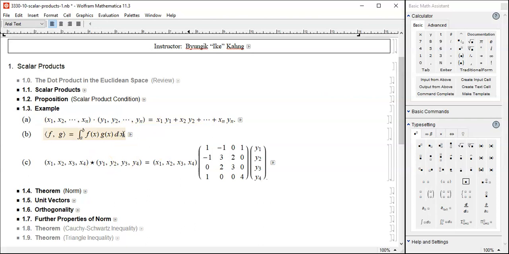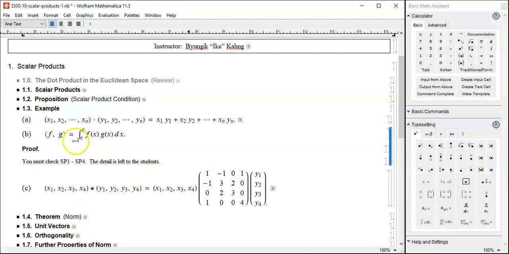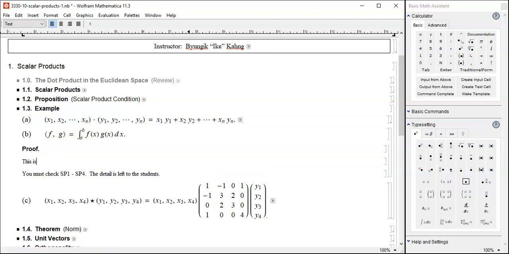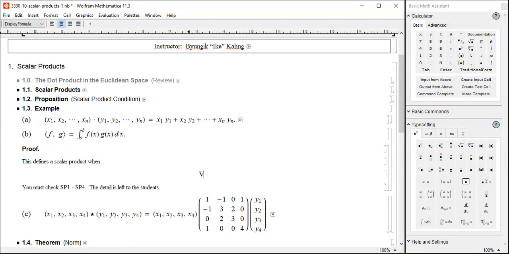Another example of a scalar product: you can define the scalar product of two functions, f and g, by the integral from a to b of f of x g of x dx, when V is a space of continuous functions.